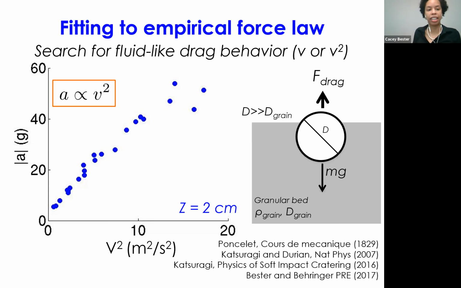We found that this acceleration is proportional to velocity squared, leading us to gain insight into the fluid-like drag exhibiting an inertial behavior and being able to describe the momentum transfer as being a more collisional process.